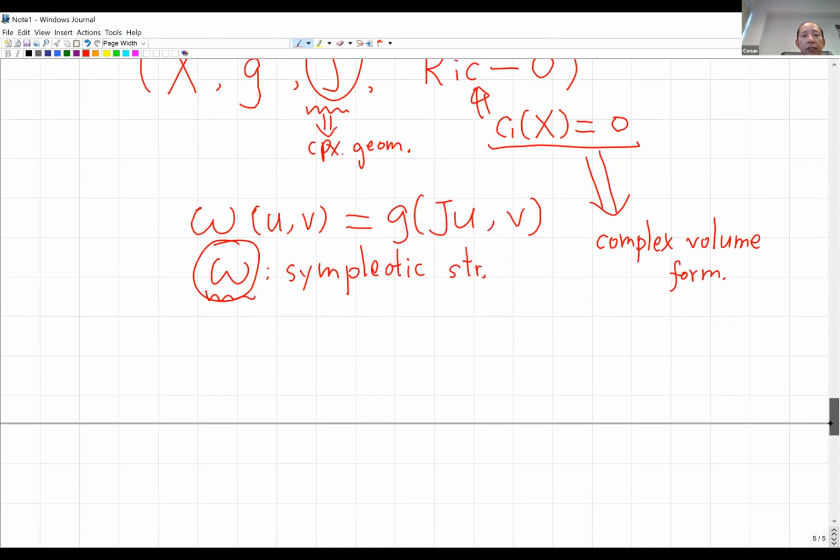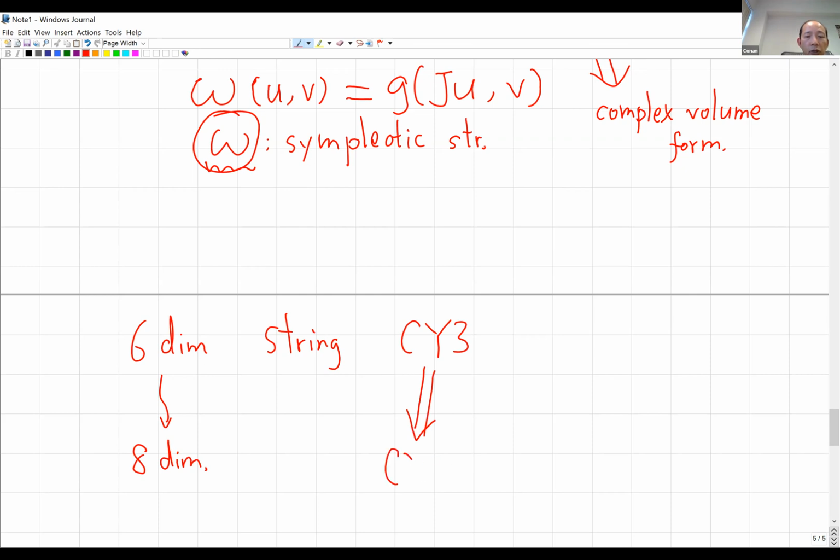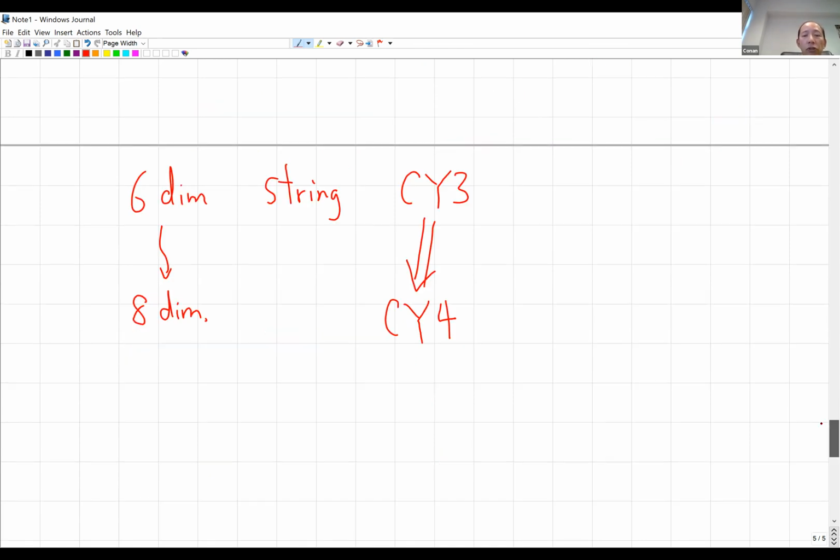As I mentioned, in fact this is a 6-dimensional theory, string theory. But the ultimate theory really comes from 8 dimensions. And the Calabi-Yau threefold will be replaced by a more general so-called Calabi-Yau fourfold, because now it's 8 real dimensions, complex 4 dimensions. Or it could be more general, something called a Spin(7) manifold.